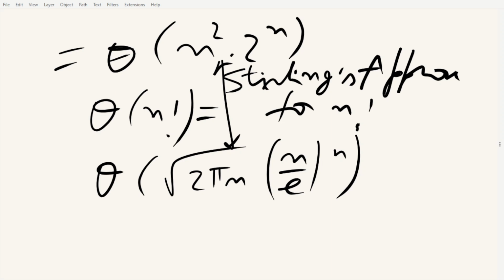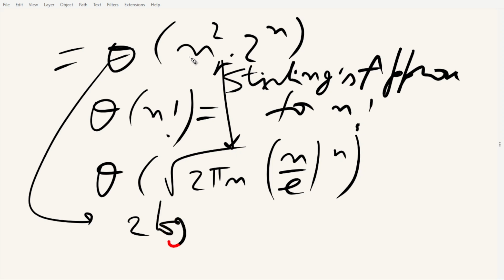Just for easy comparison, just take log on both sides. So here this becomes log with base, we can take base 2 or e, take any base, 2 log n with base 2 plus n.